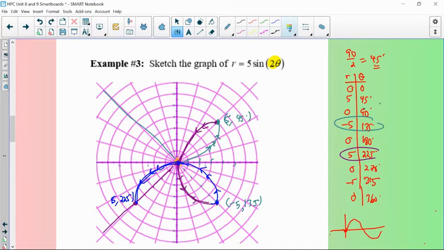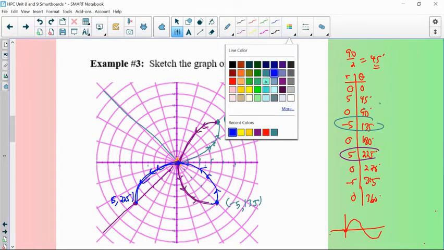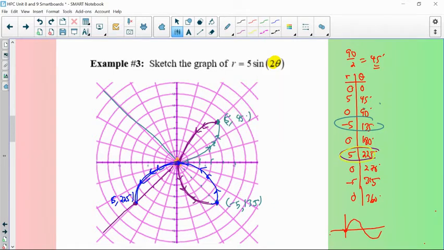And then our last curvature, I guess I'll maybe use yellow. And I want to go from 5, 225 to negative 5, 315. Well, 315 is down here, but negative 5 is back here, where we've kind of already graphed that. So 1, 2, 3, 4, 5, which is right there.